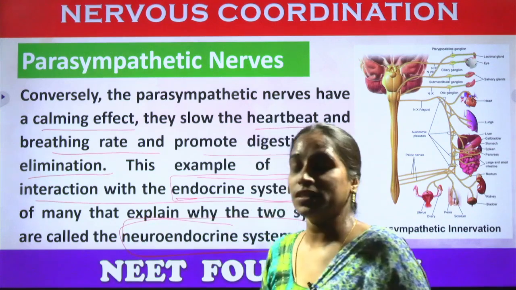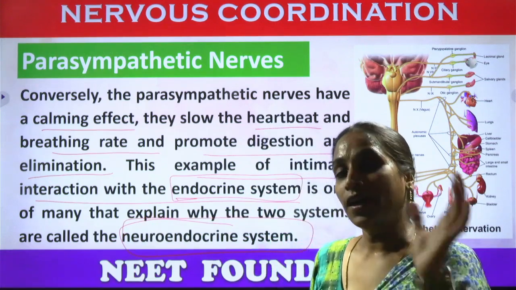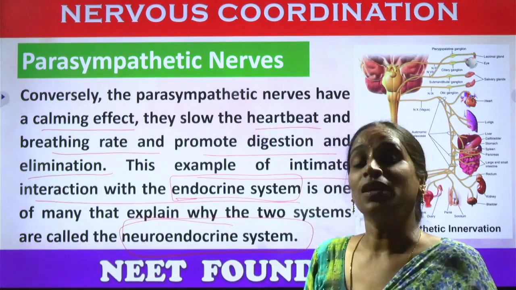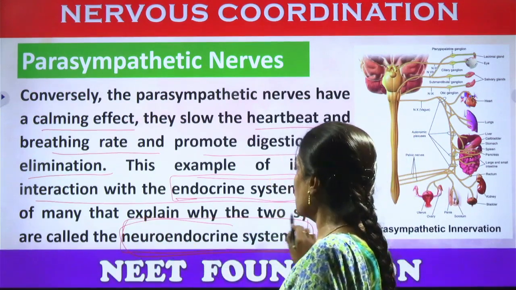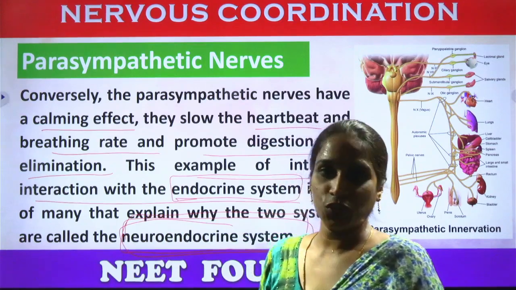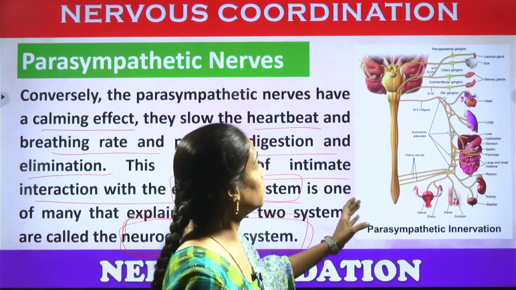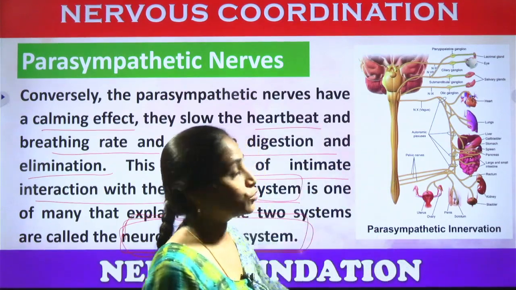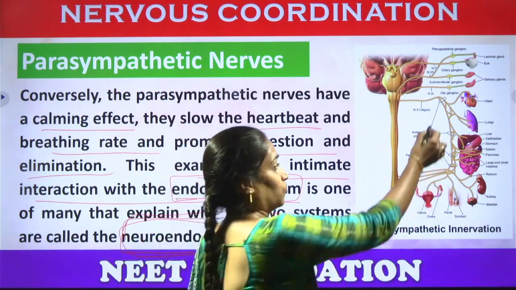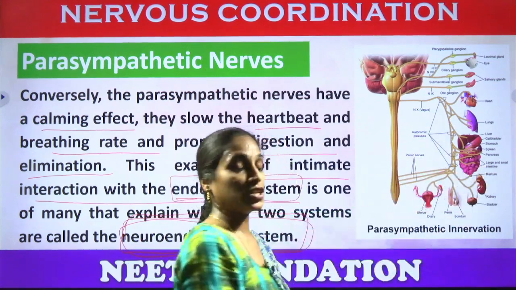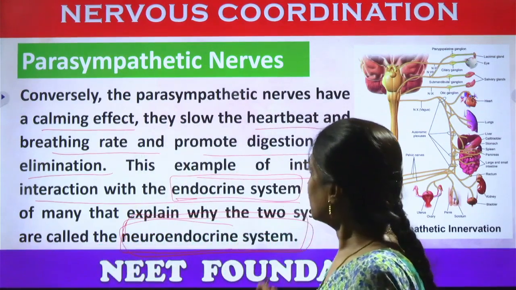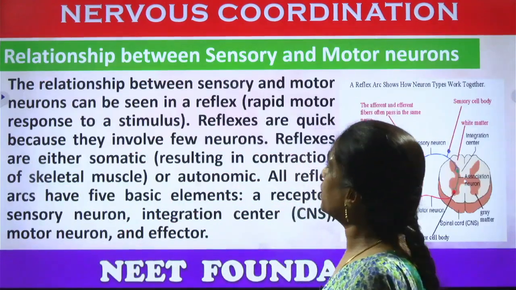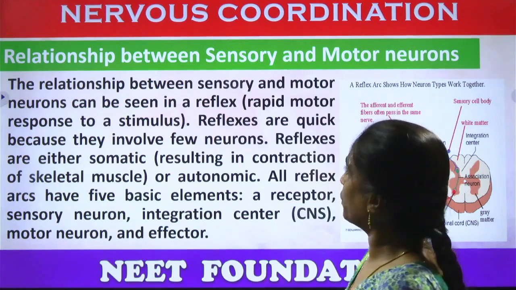Okay, so where there is an involvement of the neural system and also the endocrine system, we can observe the process called a neuroendocrine system. Okay, and right here these are the different types of organs which receive the nerves arising from the cranial nerves.